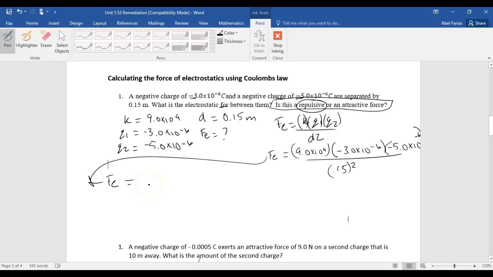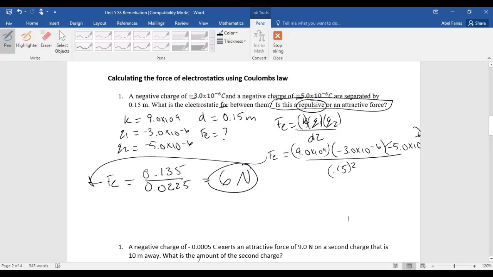When you type that out, what you get is 0.135 divided by 0.0225. Now, when you divide these two numbers, what you get is 6. Okay, so 6 newtons is your force of electrostatics at the end.